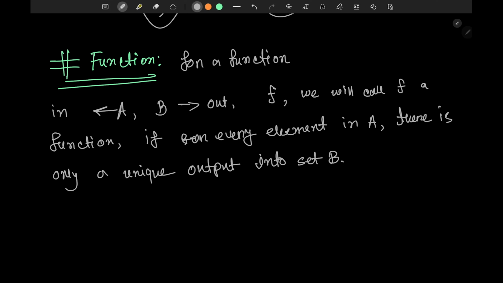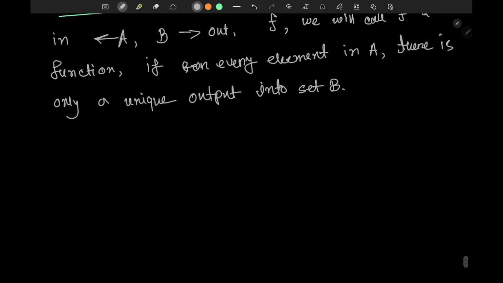Even if you had two elements in set A, and if they produce the same output in set B, that would not be a function. And we'll clear this with a few examples. Word-wise, this seems a bit complicated right now, but when we see examples, this will all be clear.